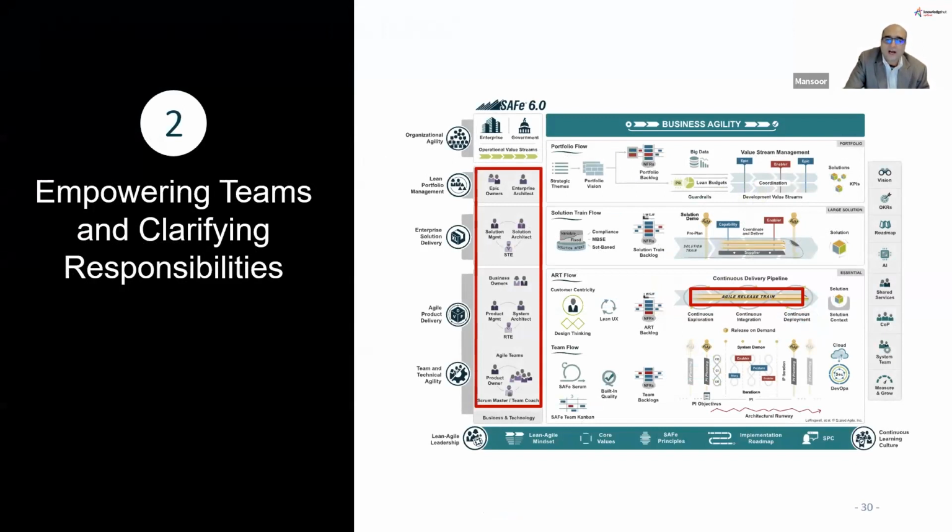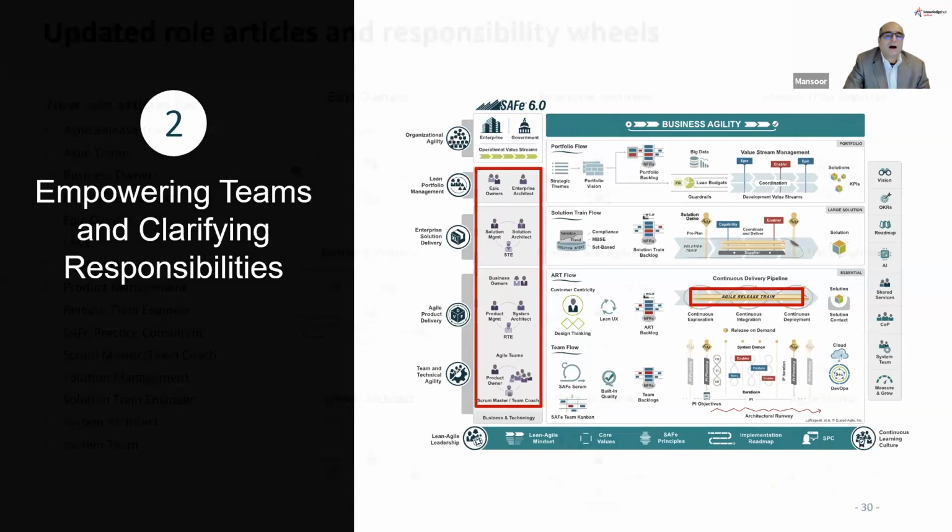New and improved guidance is provided in SAFe 6.0 to help people improve their job performance and goals. SAFe 6.0 updates the role articles. It talks about the roles and responsibilities. What are the new roles and responsibilities for the epic owner, for all the roles which you see marked in the red box? That's all given.